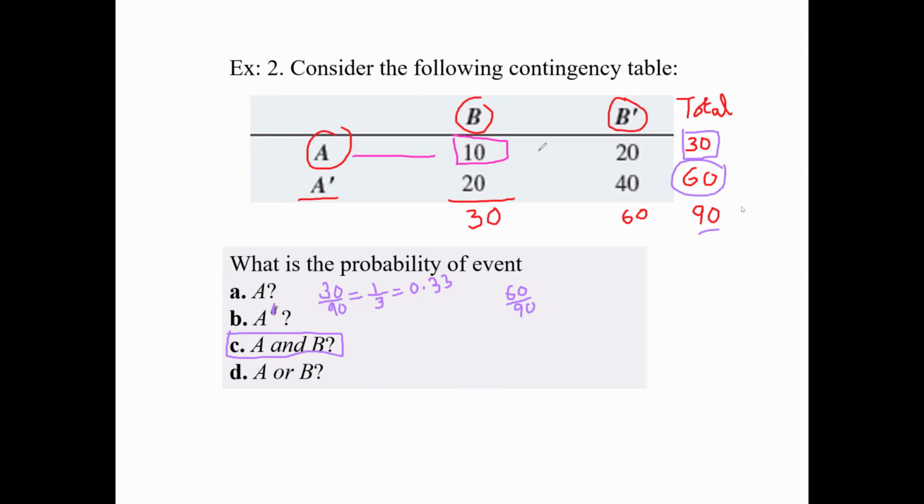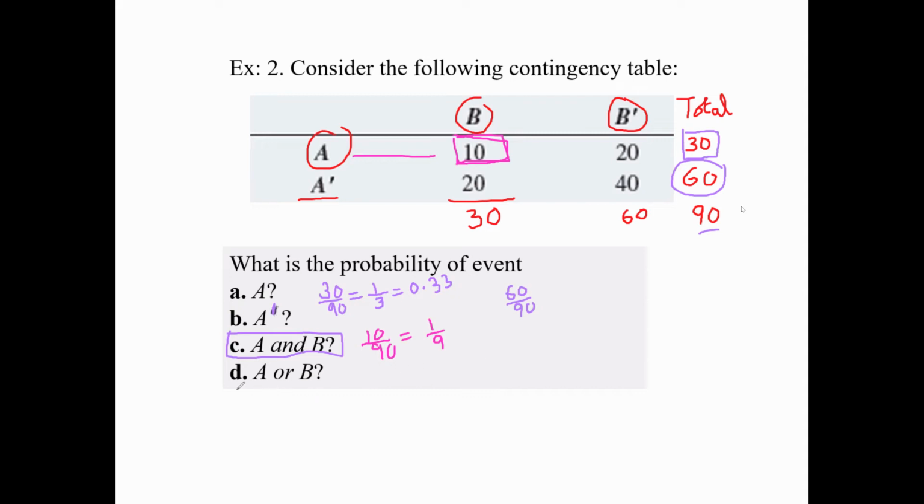A and B is 10 over 90. So the probability of A and B, we can write it as 10 over 90. So that is 1 over 9.